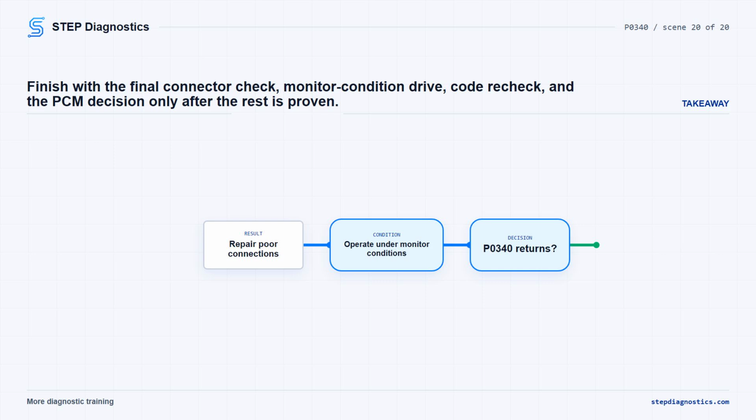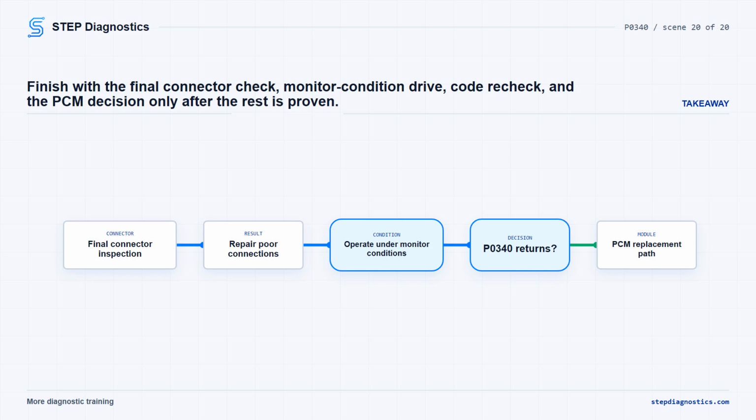Clear the code. Then test drive or operate the vehicle under the monitor conditions and read the codes again. If P0340 returns after this point, replace and program the PCM using the proper procedure and verify the repair. If P0340 does not return, the poor connection repair is the fix.